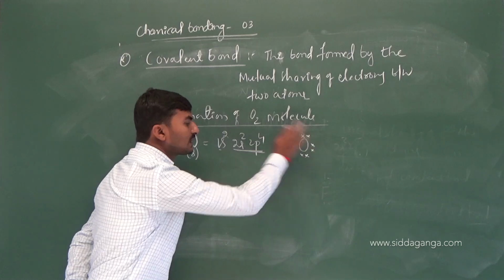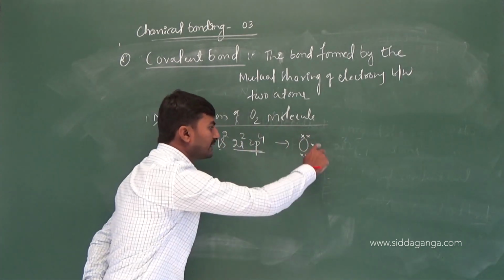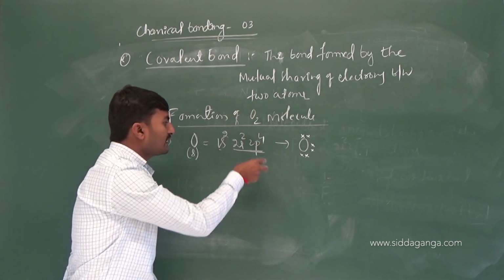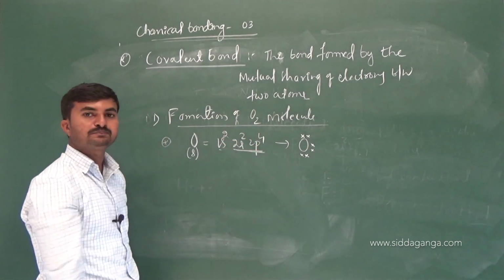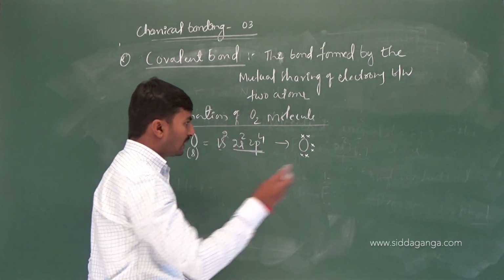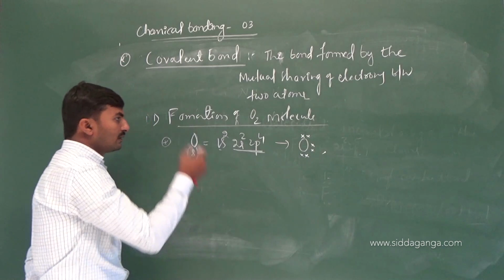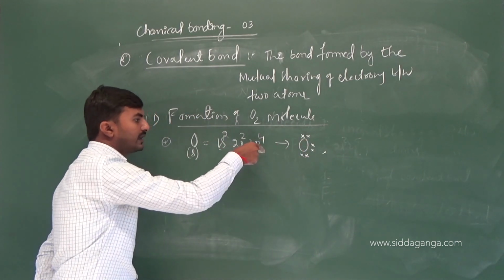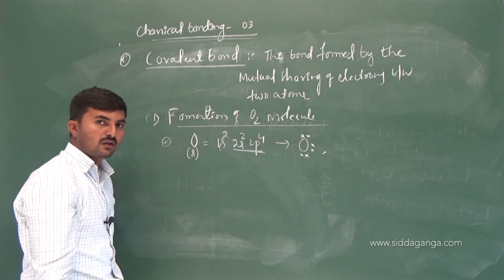These symbols indicate the number of electrons present in the valence shell of oxygen. Here we have one more oxygen, and that oxygen also has the same 6 valence electrons in its valence shell.